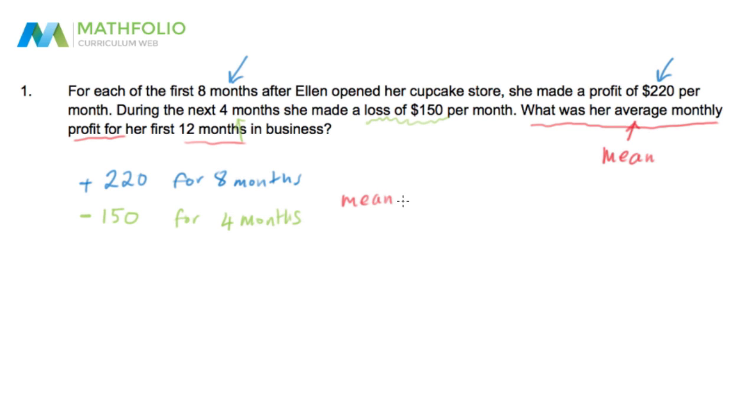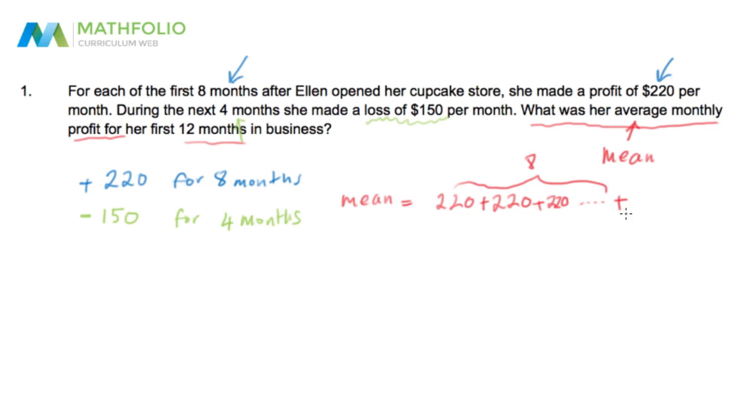So what we really need to do is add up all of the amounts. Well, she's making positive 220, plus a positive 220, plus a positive 220. And before you know it, I'm going to run out of room here if I keep going. But we know that this is going to be her profit for the first 8 months, so we have to add this up 8 times.